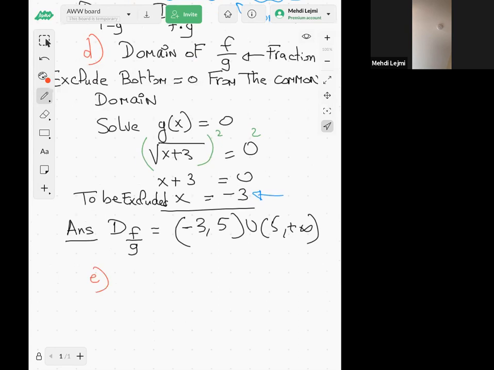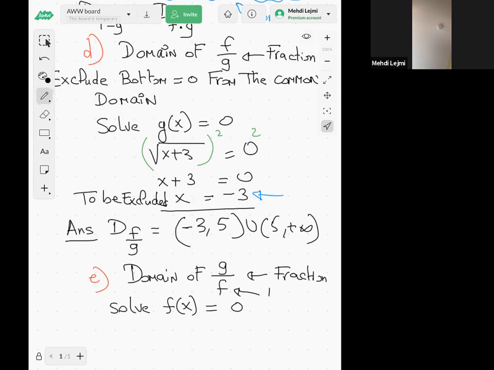Now, for the domain of g over f. Now, again, this is a fraction, but now the denominator would be f. So we have to solve. Now we have to solve f of x equal to 0. Okay, because your f is the denominator.